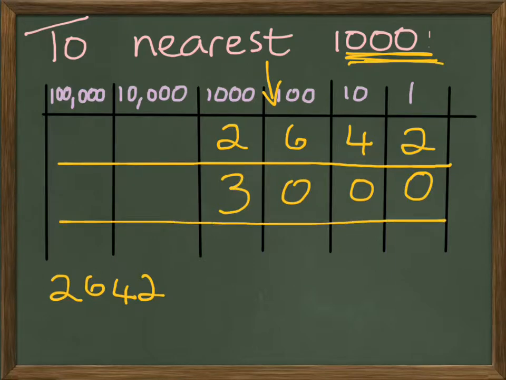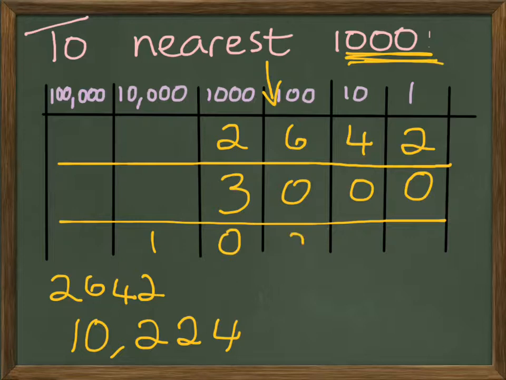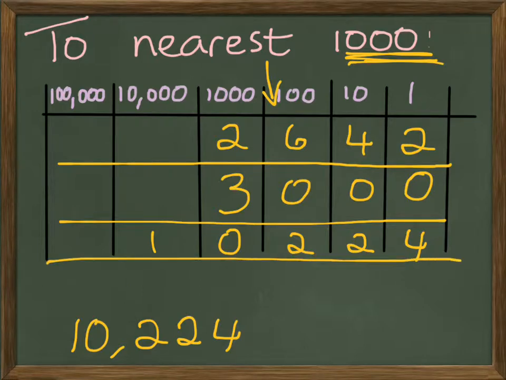Let's try another one. Let's do 10,224. Let's try that. So 10,224. And so it looks more complicated, but it isn't.